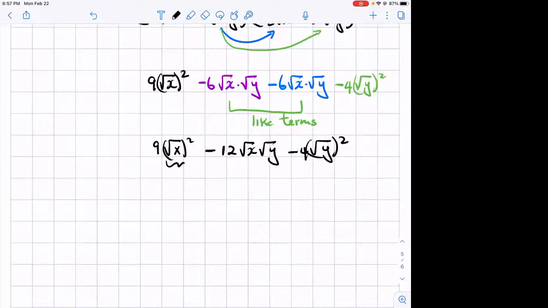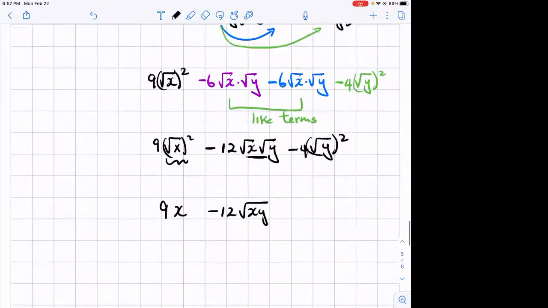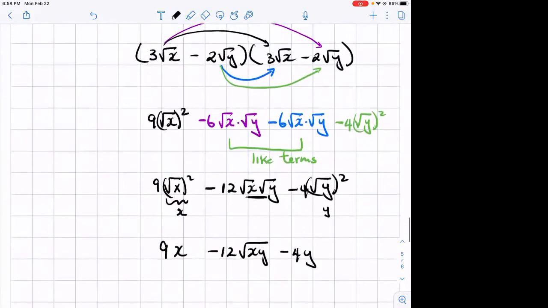Now we know that this here is the same as x, so this becomes 9x. We can multiply these two, so minus 12 root xy. And this is the same as y, just like how this was the same as x, so we have minus 4y. And I think I have a minus times a minus should be a plus. Okay, should be a plus. When you multiply the two last terms, we have a plus there.